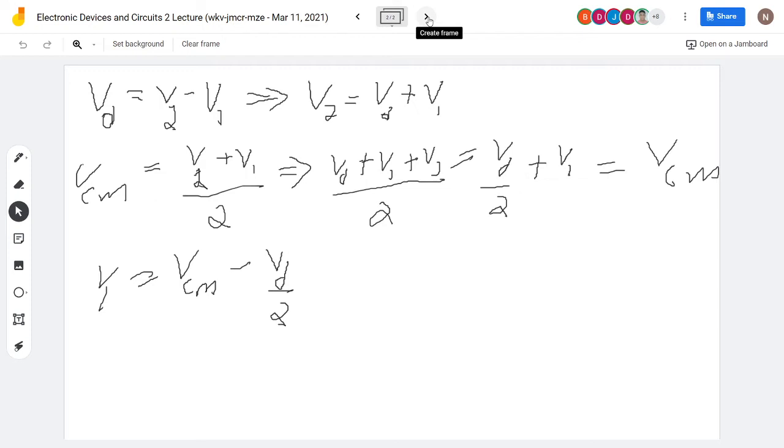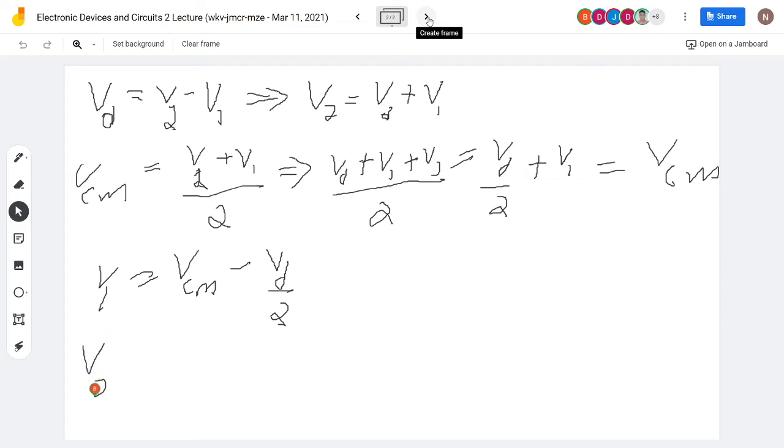So that's kind of important because now we have V1 in terms of VCM and VD, and we can also find what V2 would be. From this expression, we can find V2 in terms of VCM and VD.